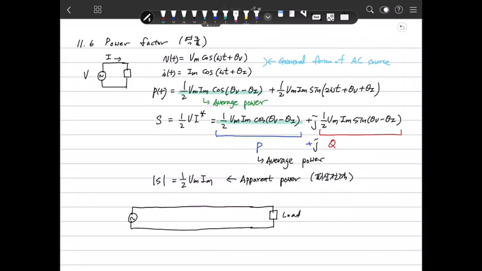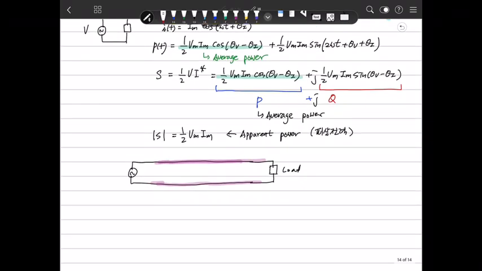This is a transmission line. The power flowing through this transmission line is the apparent power. But the really active power that can be consumed by this load is the active power.